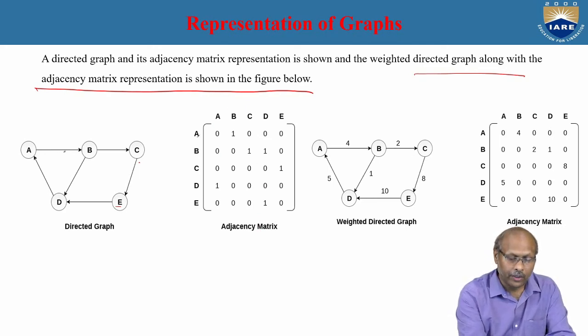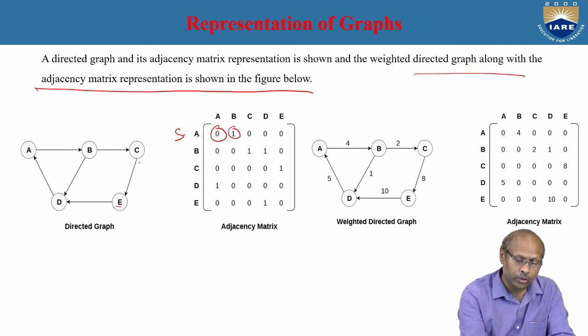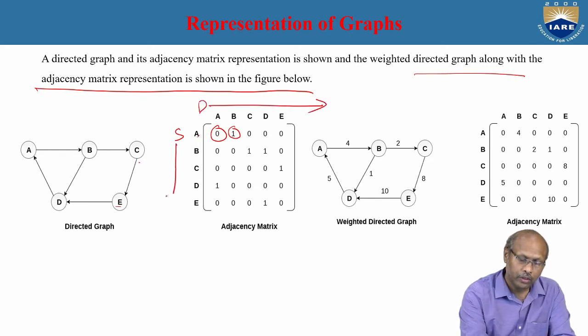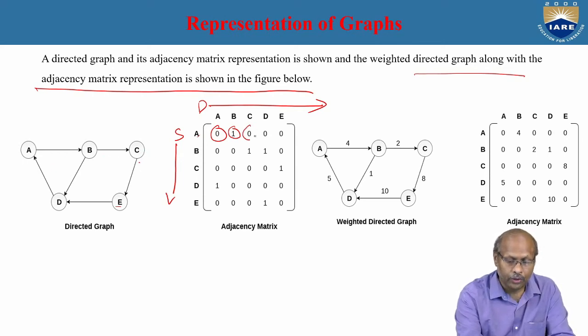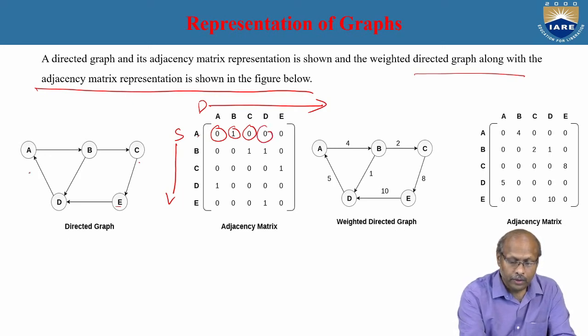Now, the same thing you are representing through an adjacency matrix. A to A does not exist, so write 0. A to B, there is an edge, so write here 1. This is the source and this is the destination. A to C, there is no direct connectivity, so write 0. A to D, there is no connectivity, so write 0. A to E, there is no connectivity, so 0.